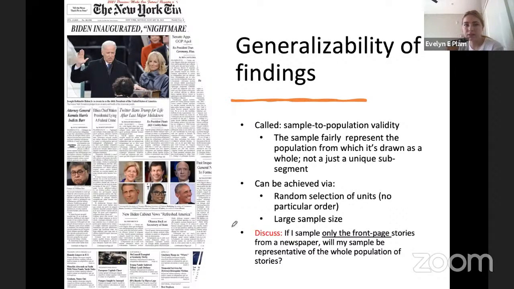So then I'm just sampling the biggest story of the day, and I'm ignoring all of the other things the newspaper is covering. So you cannot say this content is representative of what the newspaper or the organization as a whole is covering. I can say it's representative of what the front page stories are, right? This is the type of content the New York Times or LA Times puts on its front page, but it doesn't represent the full variety of content within that newspaper.